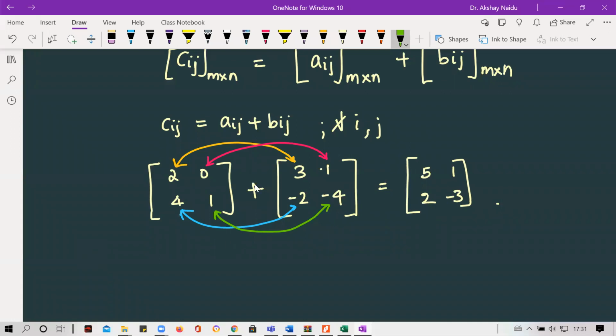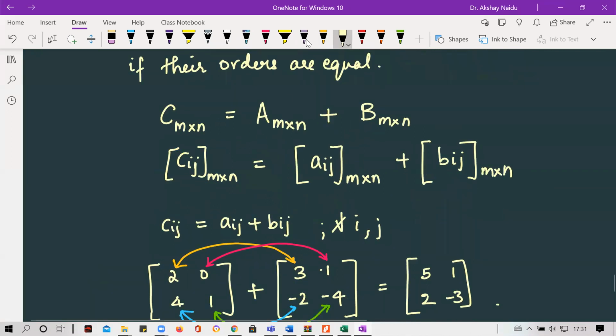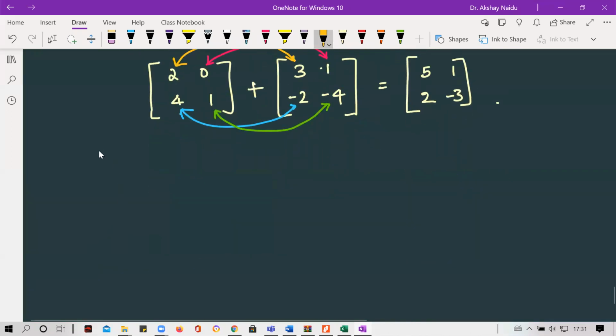Now, these have properties. These questions are important. Whenever you get properties, sometimes suddenly a simple but tricky question is asked on properties, especially transpose and inverse and so on. So matrix addition is commutative. Means what?